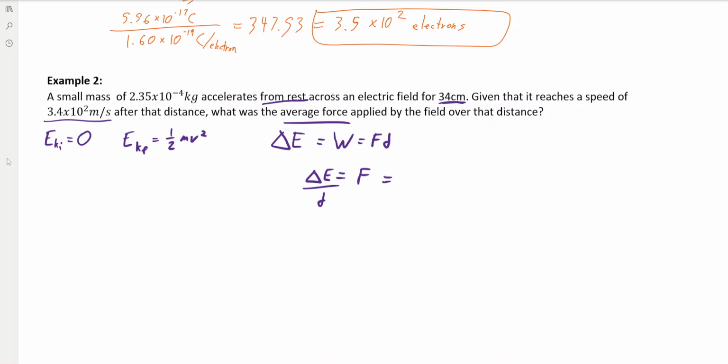And in this question, we always do final minus initial. But in this question, initial is 0. So it's basically just EKf over D is our force.